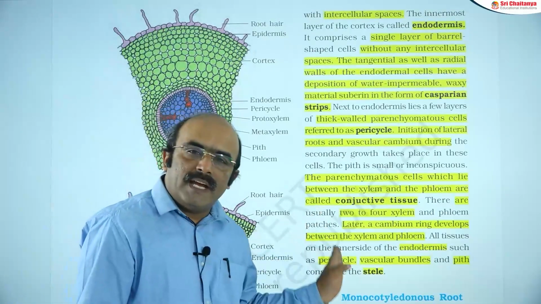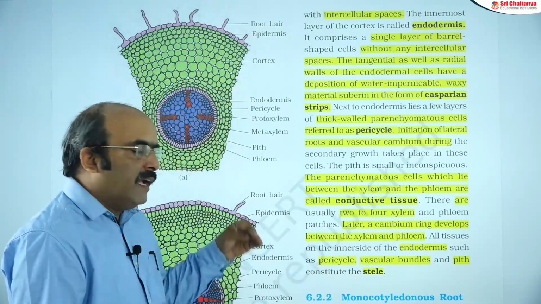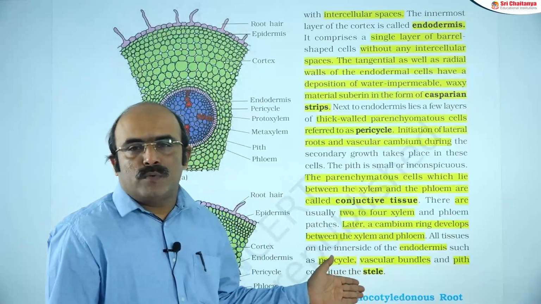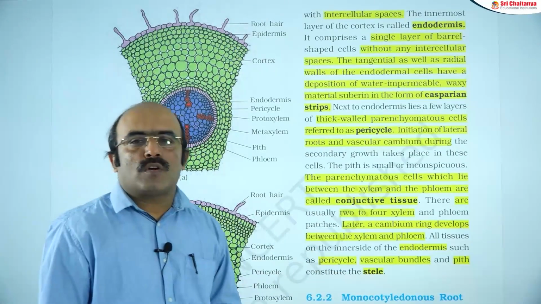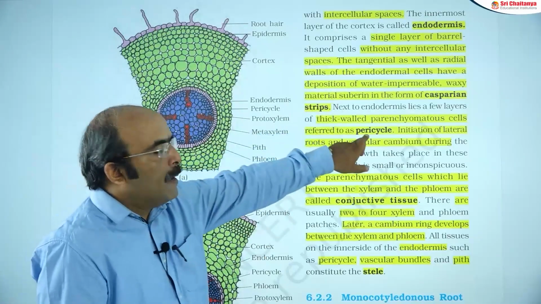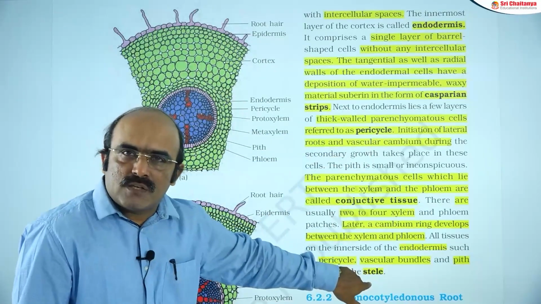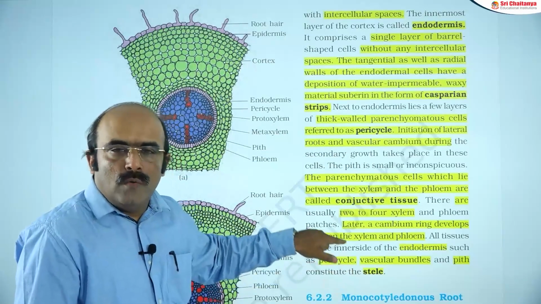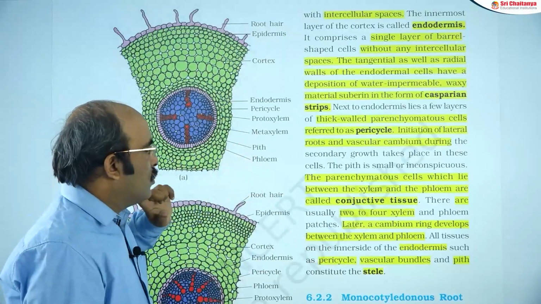Therefore it will be diarch to tetrarch, and a cambium is supposed to be developed later during secondary growth due to dedifferentiation from the cells of the pericycle as well as the cells of the conjunctive tissue.